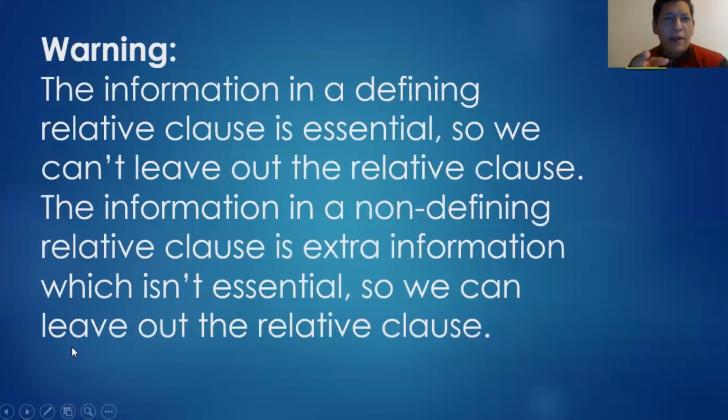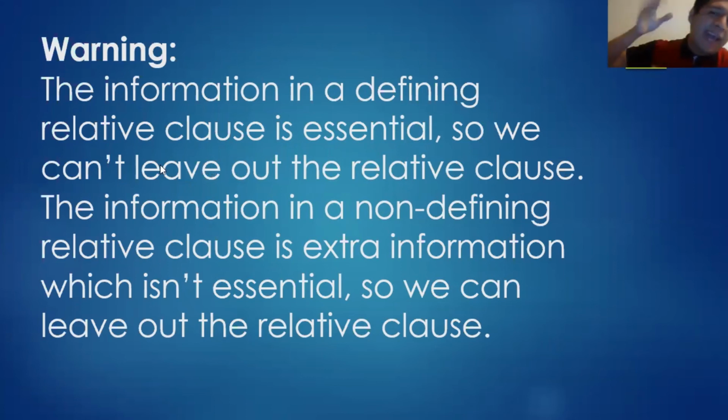Warning, warning, warning. The information in a defining relative clause is essential, okay? In a defining relative clause the extra information is essential. So we cannot leave out the relative clause, okay? Now, the information in a non-defining relative clause is extra information which isn't essential.